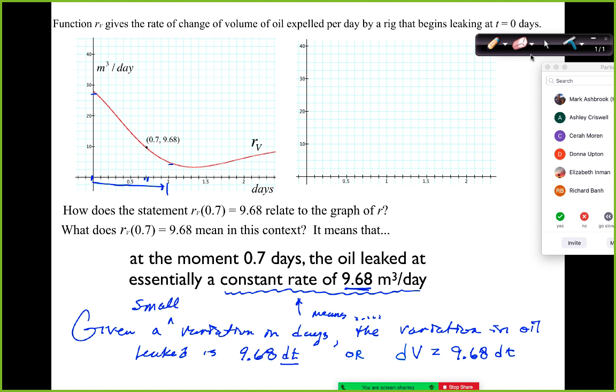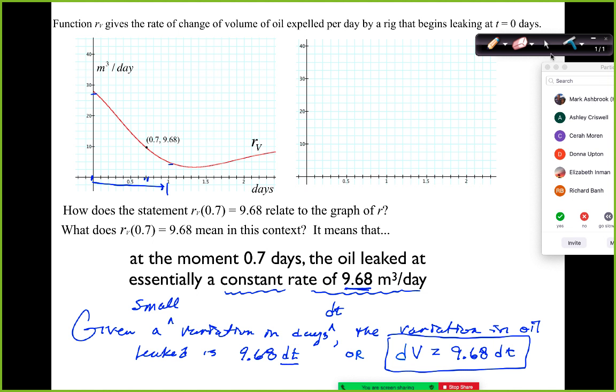So our small variation in time, in days, is dt. Then the variation in oil that we'll get is going to be 9.68 times dt. That's what it means to have a constant rate of change. It doesn't come easily, I know. So that's why we keep working on it.